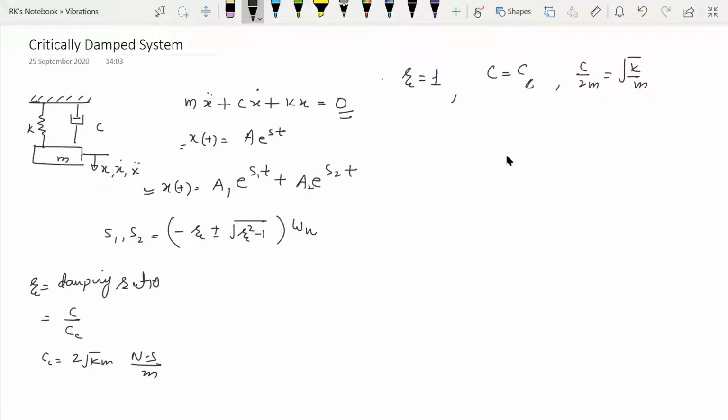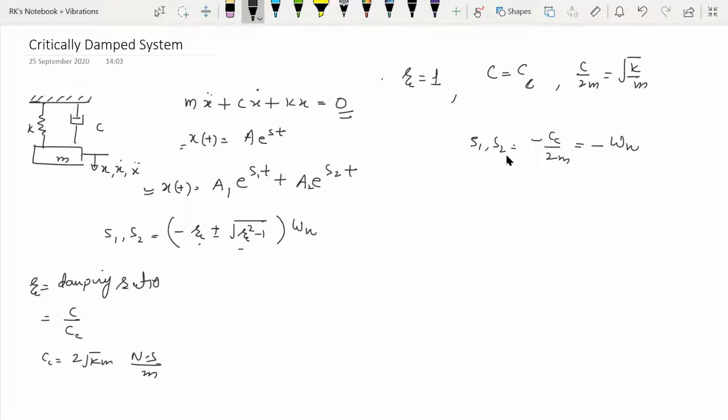Then both of the roots S1 and S2 will be equal to minus Cc over 2m, or from here we can say if zeta equals 1, then this term becomes 0 and both of the roots will be equal to minus omega n.